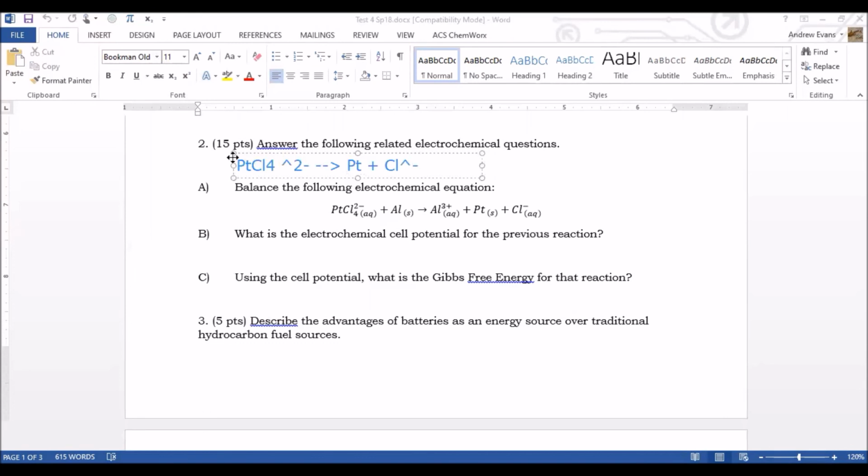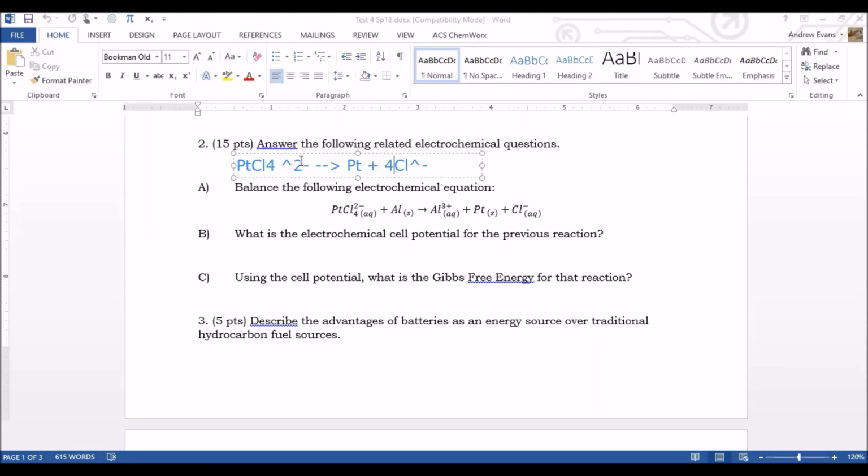I'm going to balance this guy before I balance the other guy. Step 1, balance all non-oxygen elements. 1 platinum, 1 platinum. 4 chlorides, 1 chloride, so I'm going to put a 4 there. Balance oxygen. There's no oxygen. Balance hydrogen. There's no hydrogen.